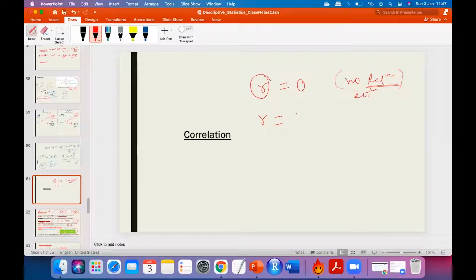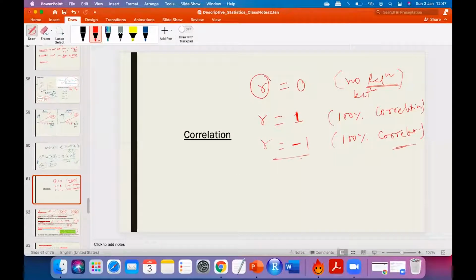Now, if I say R is equal to 1, what does that mean? 100% correlation. That means these two variables are 100% correlated, is what you will say. Now, if I give you -1, that is also 100% correlated, but negatively correlated.